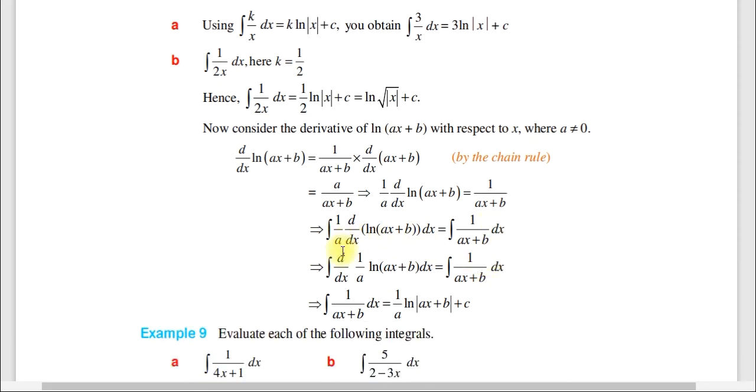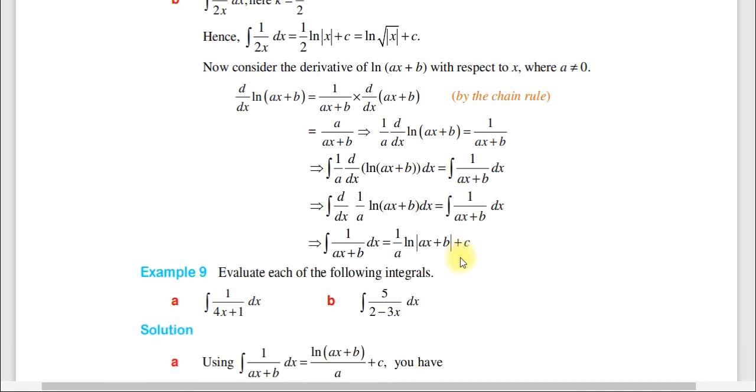The integral of d/dx of (1/a) ln(ax + b) dx gives 1/(ax + b) dx, the same thing repeated here. Which implies that the integral of 1/(ax + b) dx is (1/a) ln|ax + b| + c.